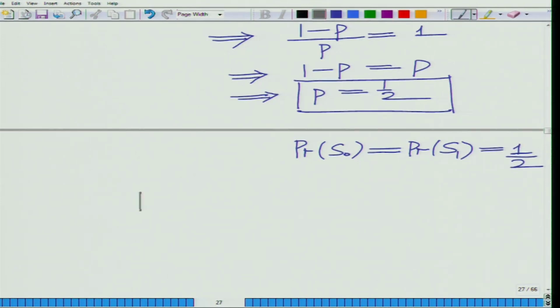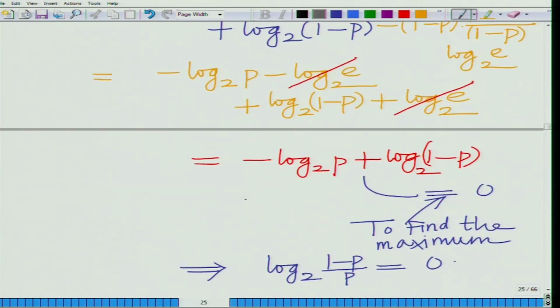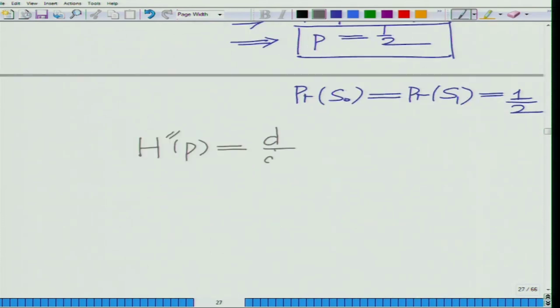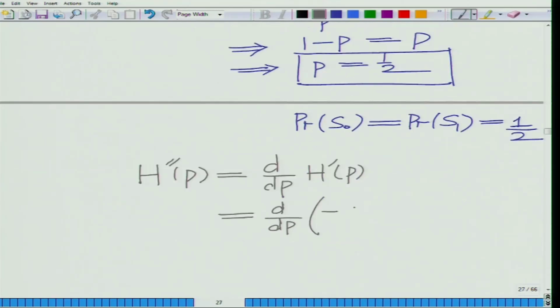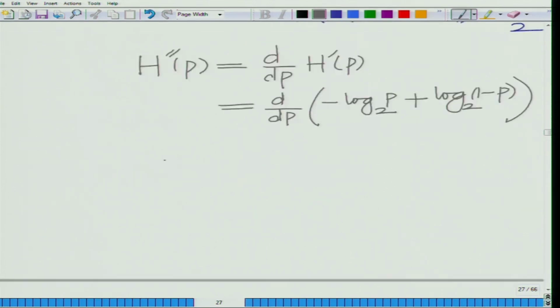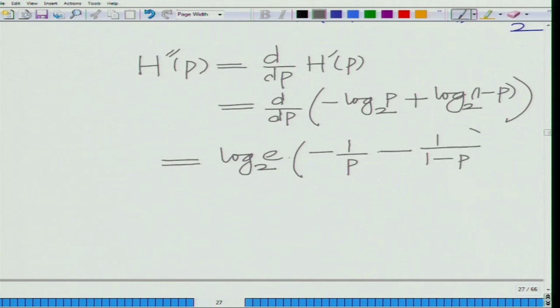And you can also see that this is the maximum, because if you differentiate it again, h double prime of p, that will be, well, the derivative of h prime of p, that is the derivative of minus log to the base 2 of p plus log of 1 minus p to the base 2, which is equal to, if you take log e to the base 2 common, minus 1 over p minus 1 over 1 minus p.